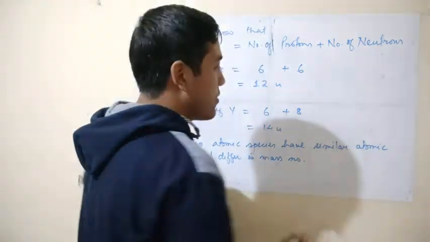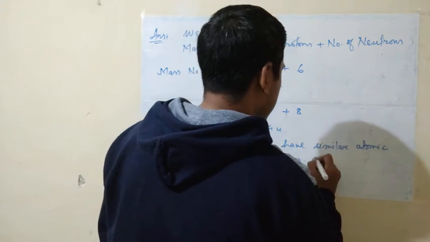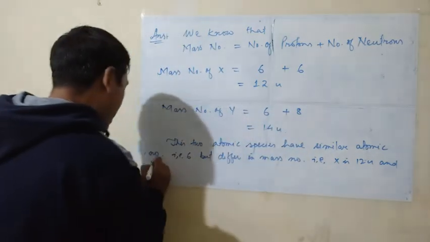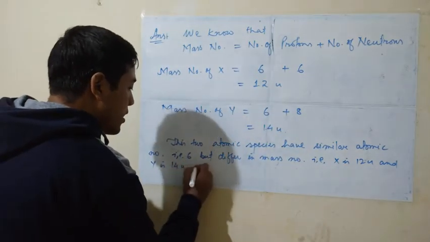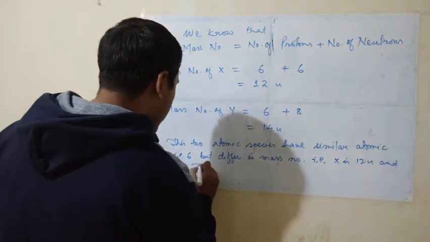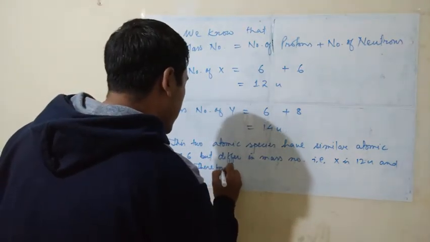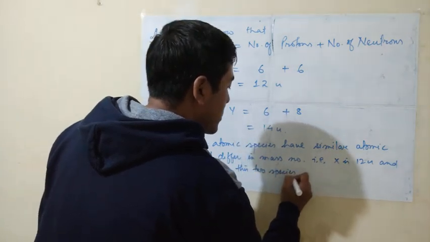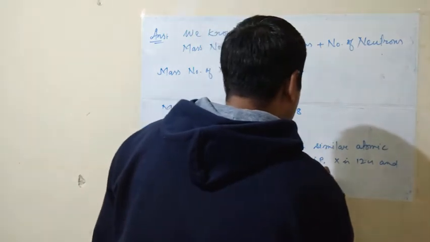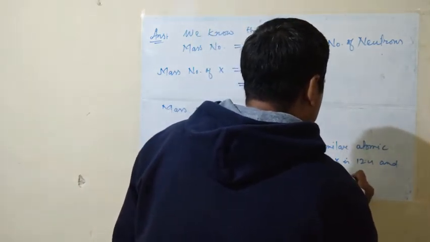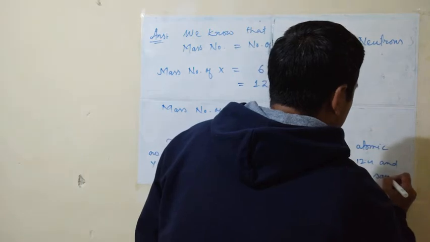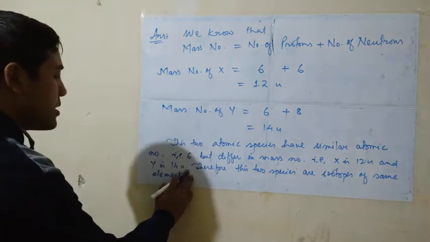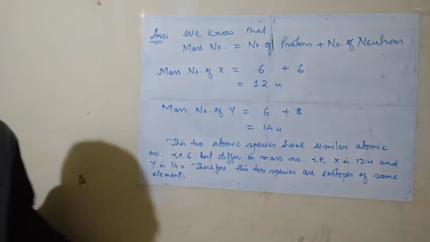X is 12 unit and Y is 14 unit. Therefore these two species are isotopes of the same element.